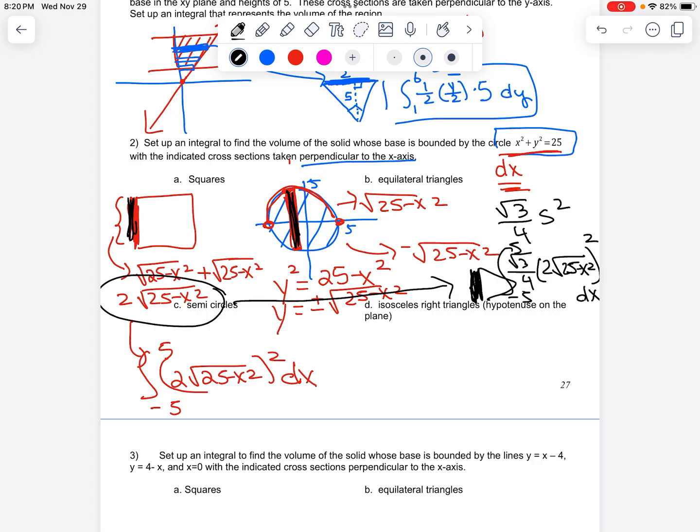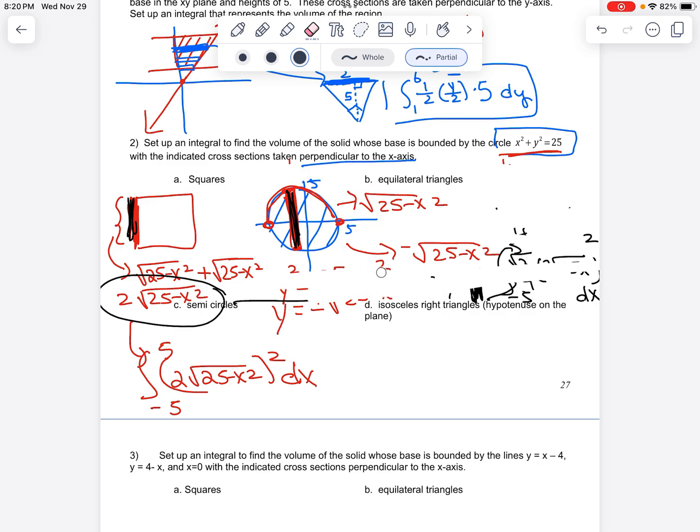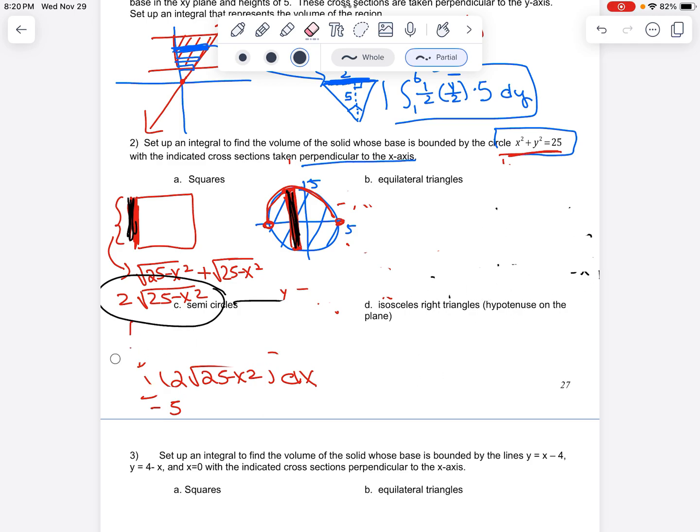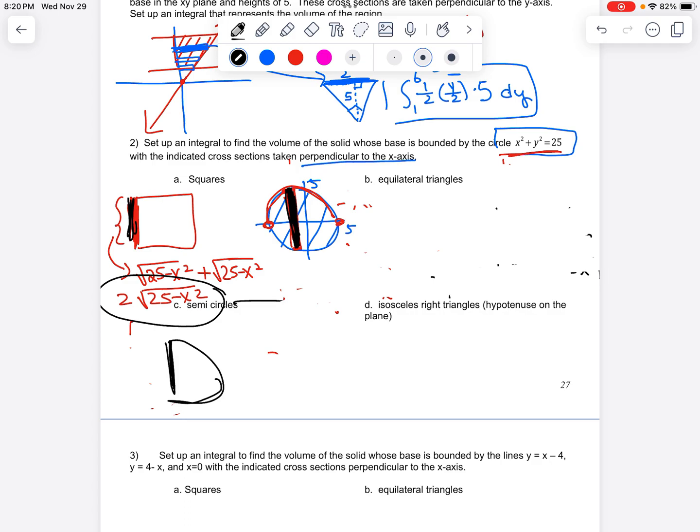Okay, I'm going to erase the ones we have here so far. Let's go ahead and do the same thing. Let's just do part C, which is the semicircle. Again, this rectangle or this up and down that I drew is the diameter of the semicircle. We already figured out that this diameter is 2 root 25 minus x squared.